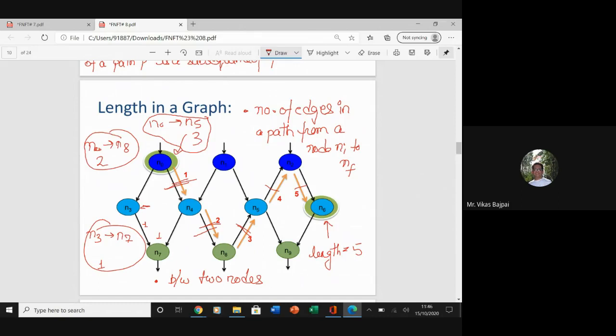So the Euler problem is also included, but I'm just giving you the basic idea. It's a very interesting problem. I would suggest you go through this discussion, if you like discrete mathematics or graph theory.